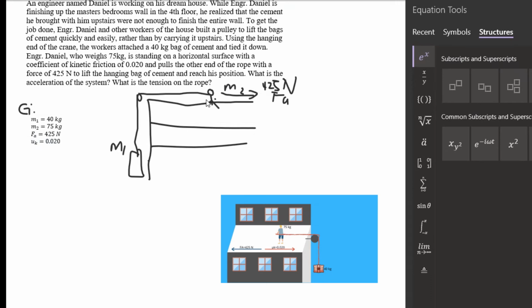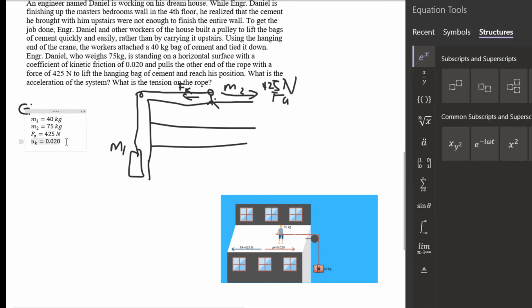To illustrate it properly, we all know that the kinetic friction is the opposing force. So if the motion is going here, the kinetic friction is going opposite the direction of the applied force. So the kinetic friction is going here. The next given, I think that's all.